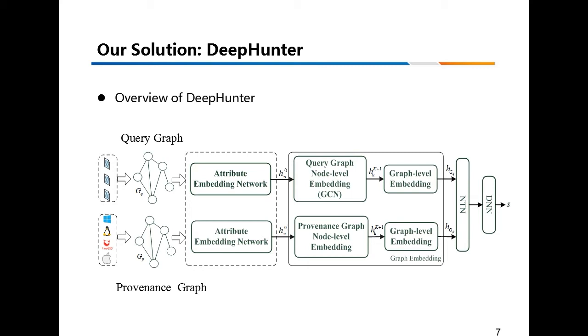The model contains two parts, which are used to represent node attributes and graph structure. The outputs of two branches are the vector representations of two graphs. We employ an NTN model to learn their relations. When the query graph and the provenance graph represent the same behavior, the output is 1. Otherwise, the output is 0.